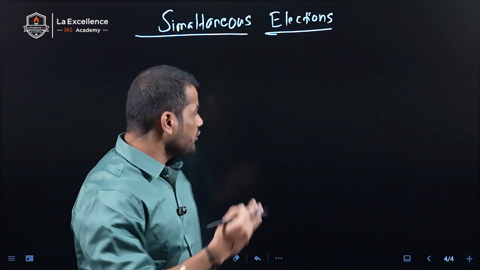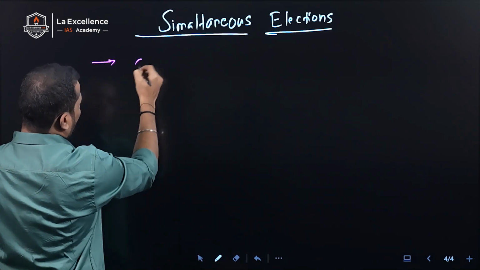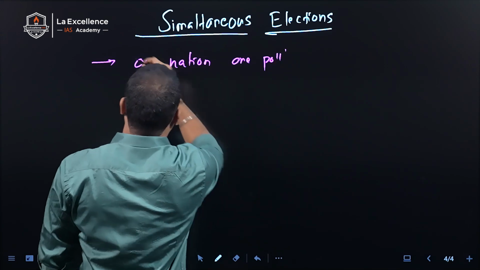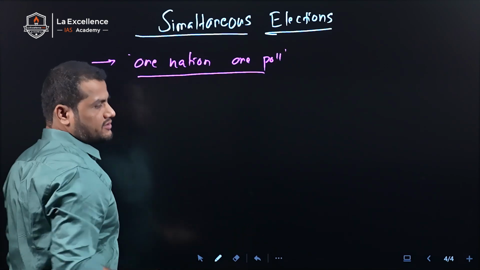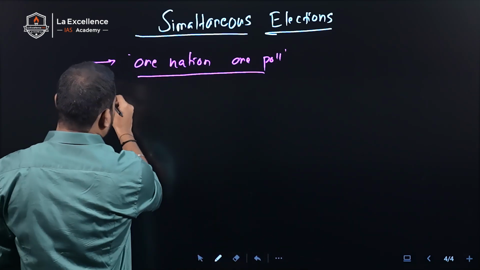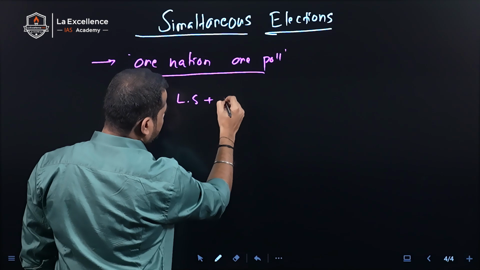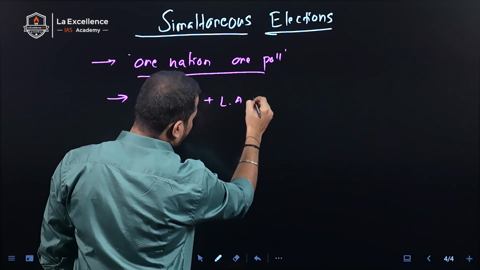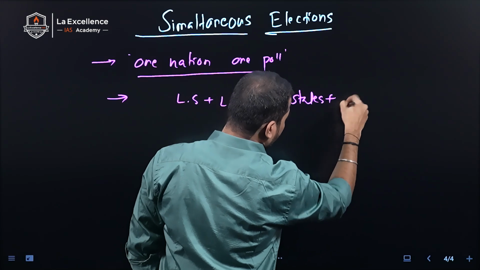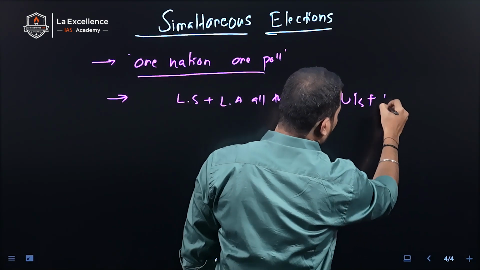The Minister of Law introduced a bill with respect to simultaneous elections. This bill aims for one nation, one poll. The idea of simultaneous election is nothing but simultaneous elections for the Lok Sabha plus the legislative assemblies of all the states, plus the legislative assemblies of the union territories, plus local bodies.